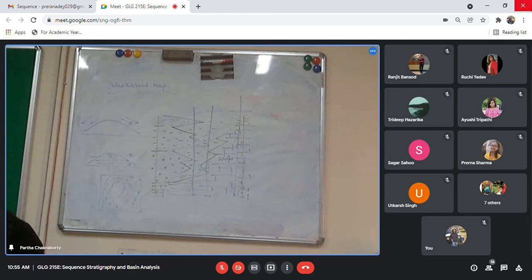Now, when will the oil be formed? You need a source rock, that means shale with proper organic carbon, the proper kind of material which can be cooked. The oil will be formed when the H/C ratio is high and the O/C ratio is low. You must have read the Van Krevelen diagram with the H/C and O/C ratios. Then it should be matured at about 90 to 125 degrees, cooked for a proper period of time.